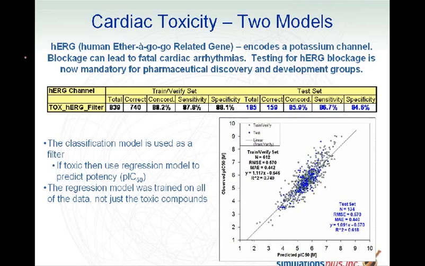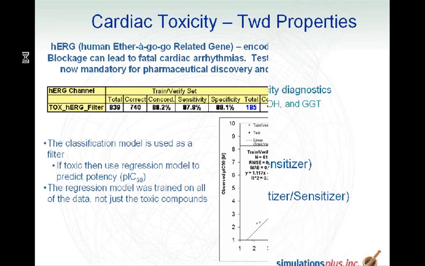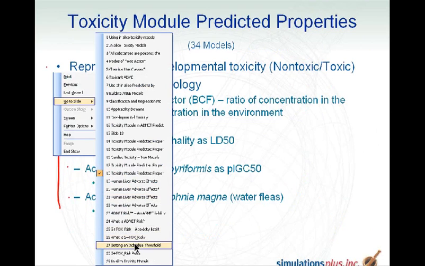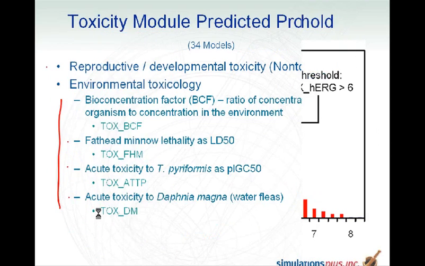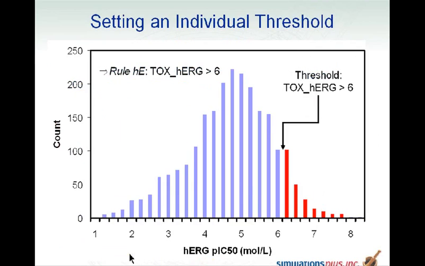The ADMET risk rules, many of which flag specific toxicity risks based on toxicity models, we've calibrated against a subset of the WDI, as is shown in the slide that Michael's showing now, such that 90% of the compounds do not trigger the toxicity flag. I hope that answers the question.